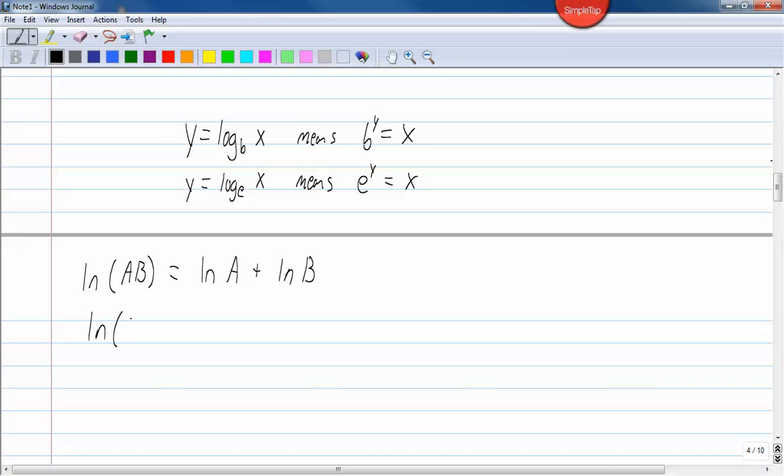The natural log of a quotient, again, same thing. Natural log of the numerator minus natural log of the denominator. The natural log of, let's say, x to the n power. This will be the power rule. Just because it's natural log doesn't mean it's anything different. You can still move that in front. So that's n times the natural log of x.